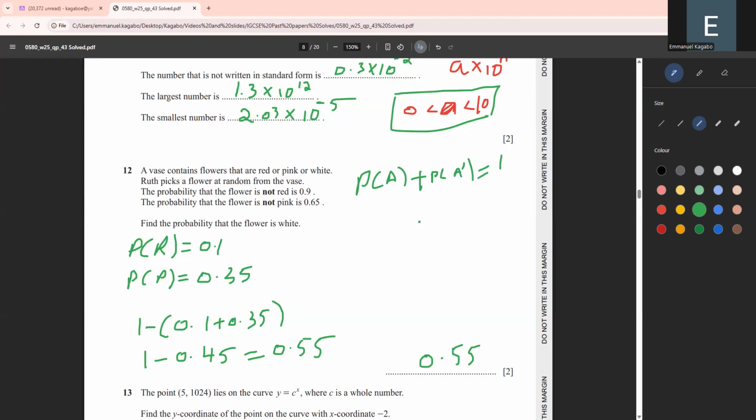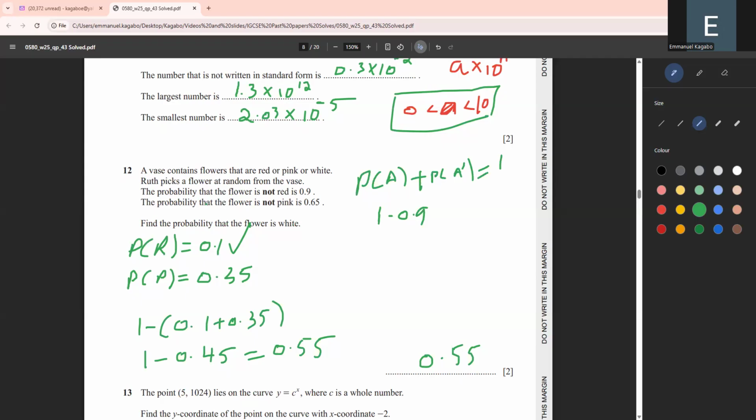So basing on that, the probability of red is 1 minus 0.9, because probability of red and not red should add up to 1. That will give me the probability of getting a flower that is red.